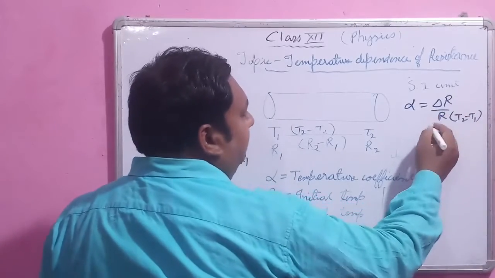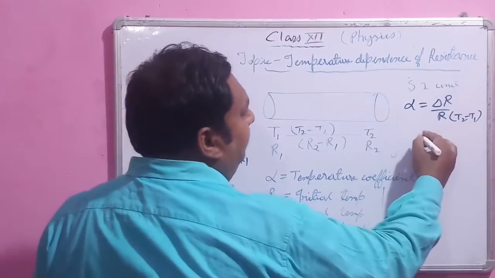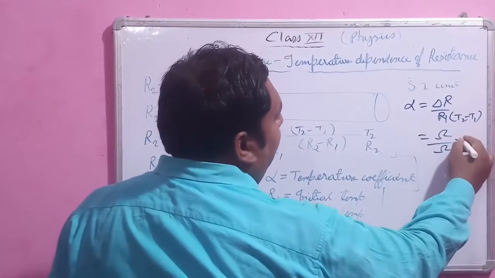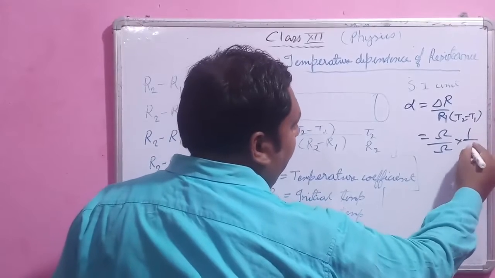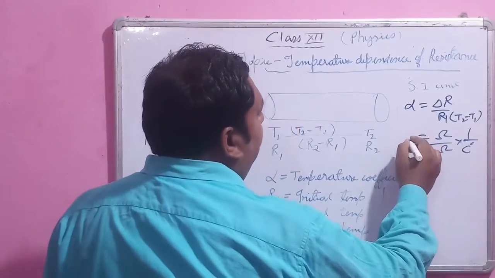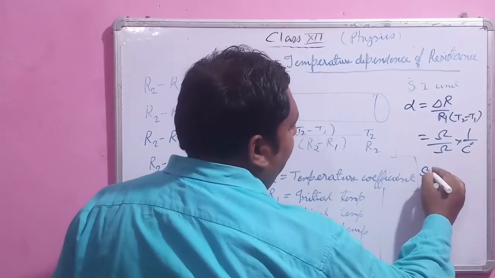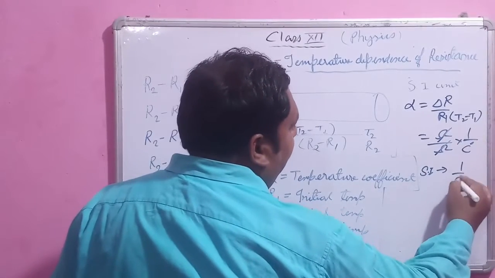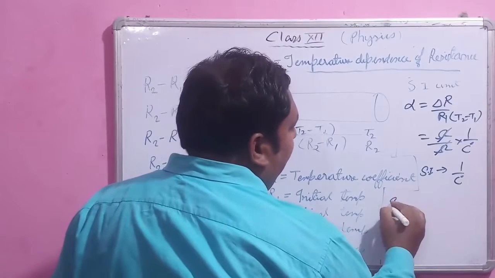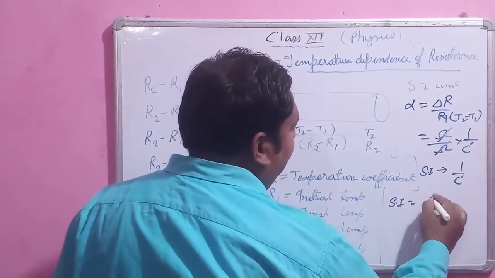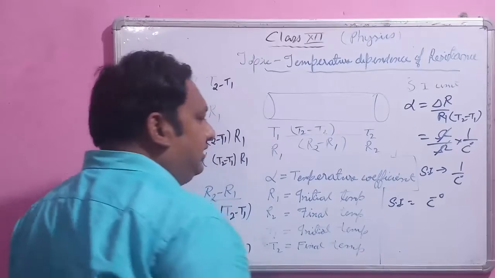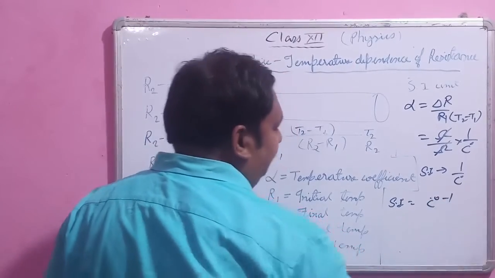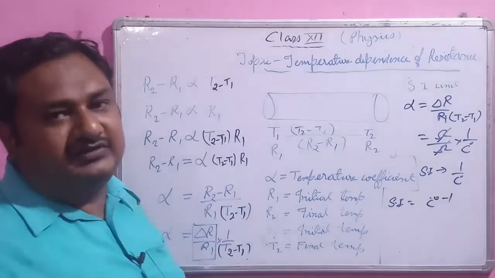Now del R, the change of resistance, has unit ohm, and the unit of R1 is also ohm, and the unit of change of temperature is degree Celsius. So ohm and ohm will cancel and we get 1 per degree Celsius, and we can say the SI unit will be Celsius inverse, degree Celsius inverse. That is its SI unit.